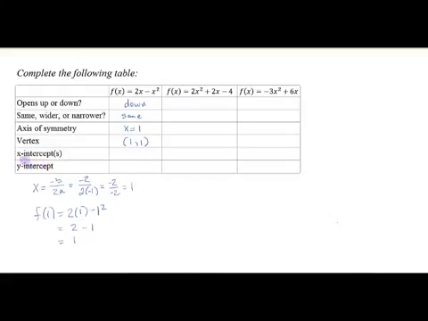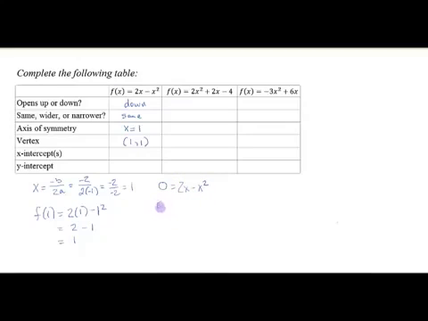Let's find the x-intercepts. Now the way we find the x-intercept for a parabola is the same as we have found the x-intercept for any other type of function. So to find an x-intercept, we make y 0. So we're going to take the entire f of x, which is the same as y, and make it a 0, equals 2x minus x squared, and then we solve that.